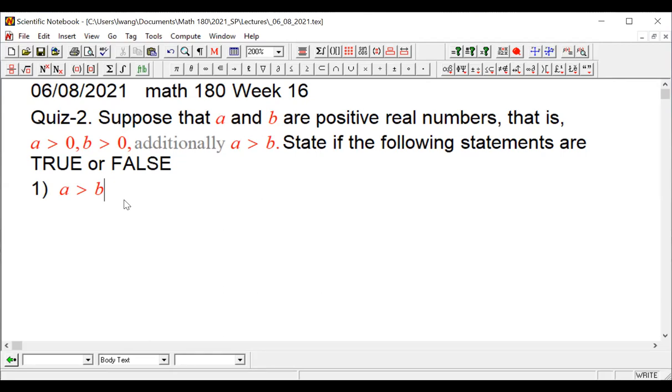So from this condition, B minus A is going to be less than 0, right? So how about B minus A larger than 0?